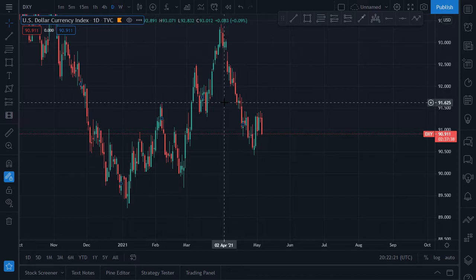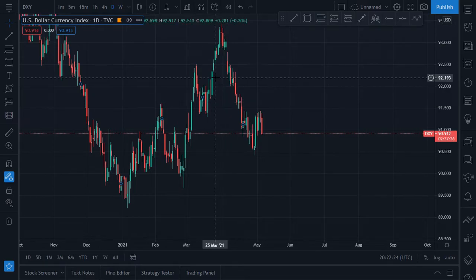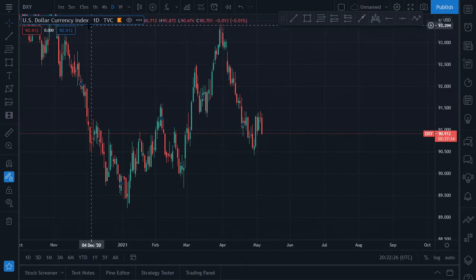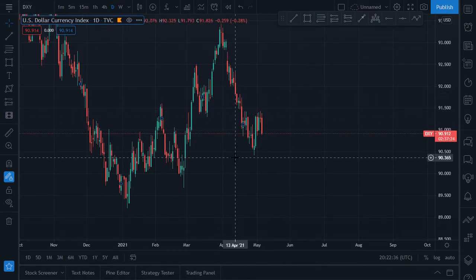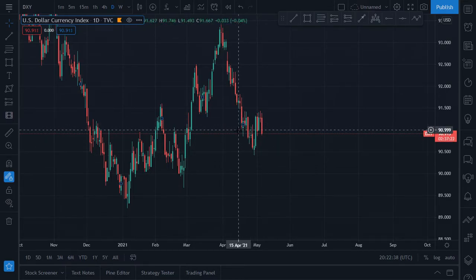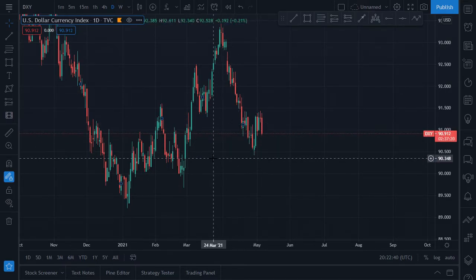NFP is basically determined by the direction of the USD, the dollar index, DXY. There are people that actually trade NFP using the news.